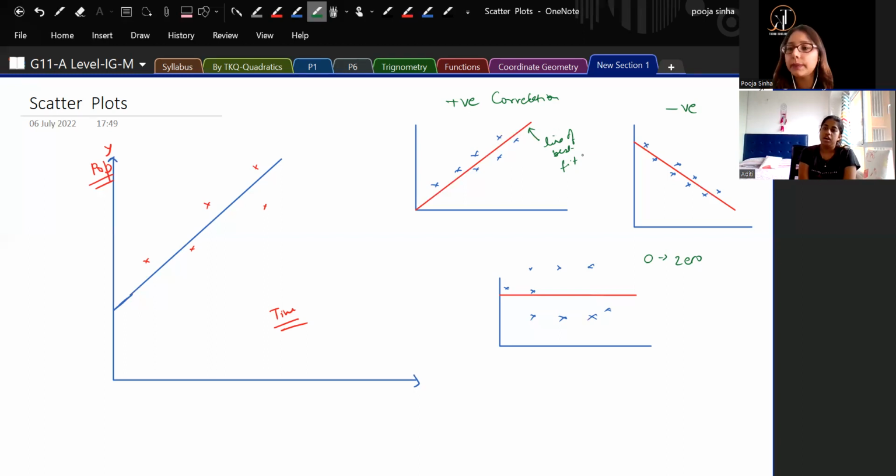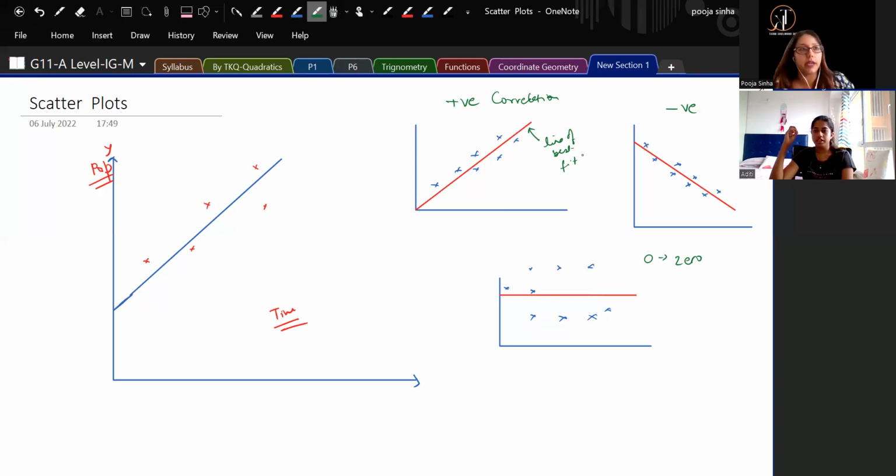People love ice cream in summers. When the temperature goes down, sale of ice cream goes down. So what kind of relationship is it? It's essentially a positive relationship.